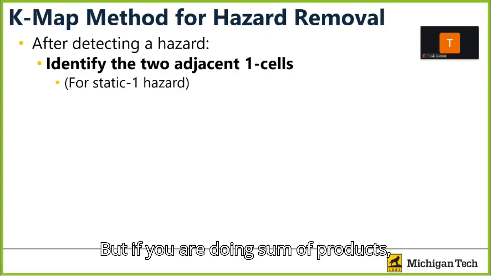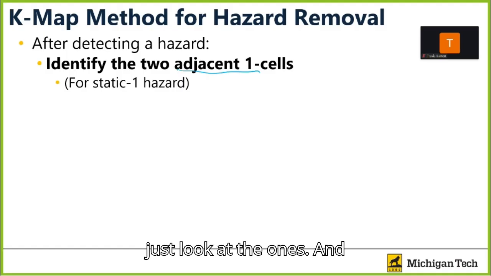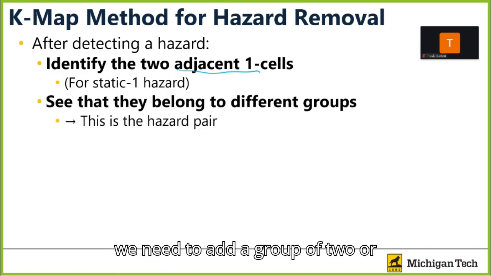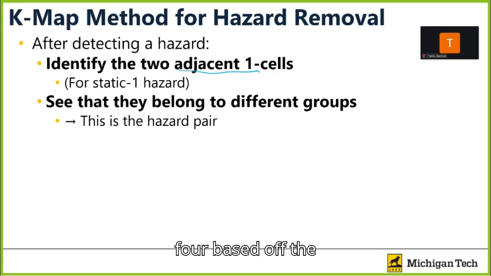But if you are doing sum of products, just look at the ones and see if they belong to different groups. We need to add a group of 2 or 4 to cover those cells.